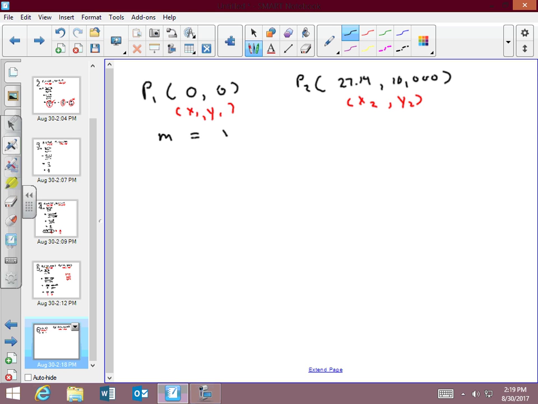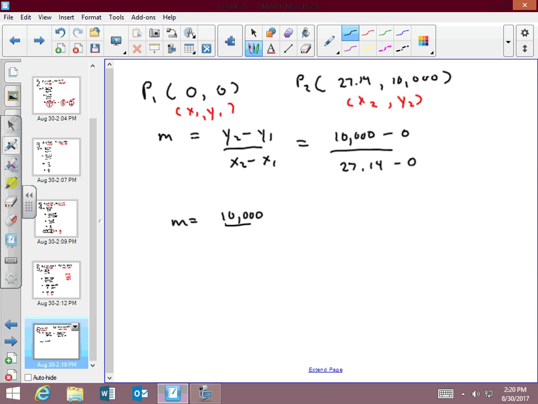So our slope is going to be y2 minus y1 over x2 minus x1, which is 10,000 meters minus 0 over 27.14 minutes minus 0. 10,000 meters over 27.14 minutes.